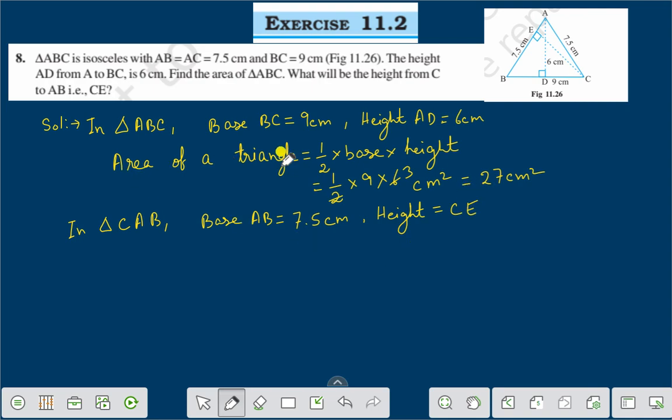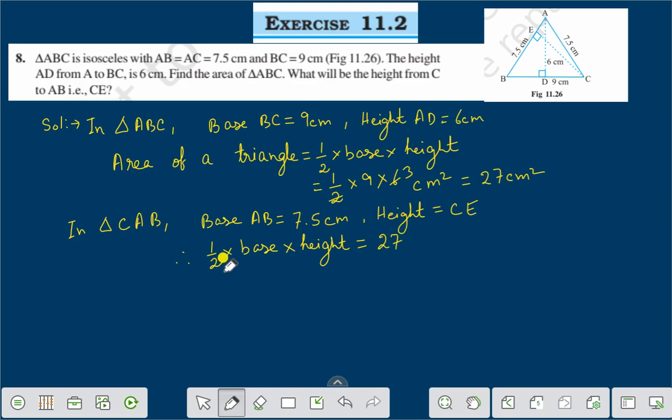And we know that the area of a triangle is equal to half into base into height. Therefore, you can write that half into base into height is equal to the area of the triangle. And we found that the area of the triangle is 27 centimeter square. Therefore, we can write it here as 27.